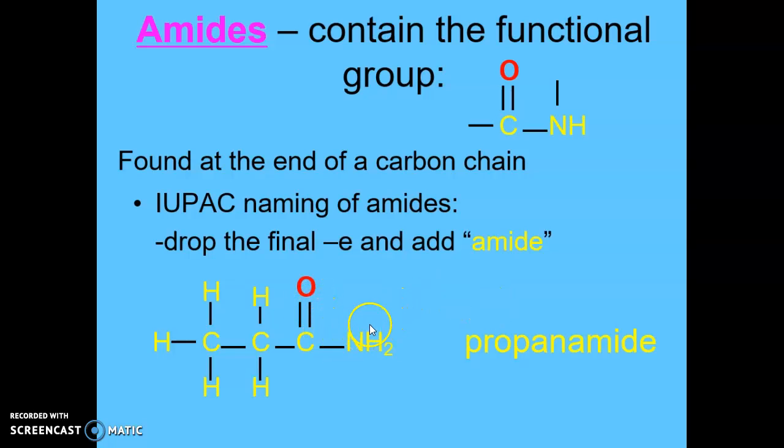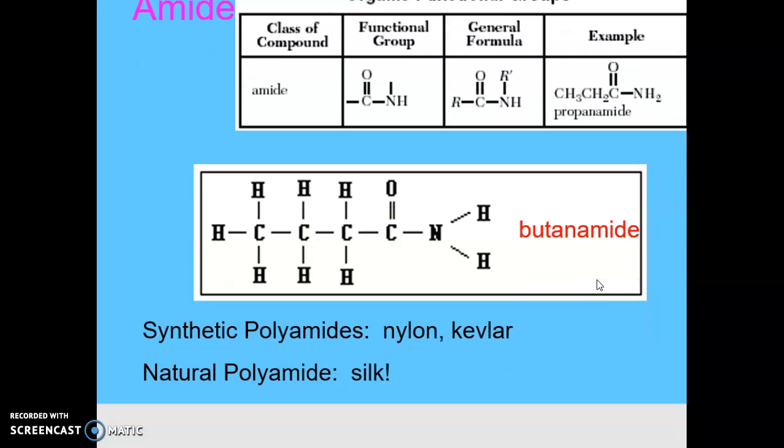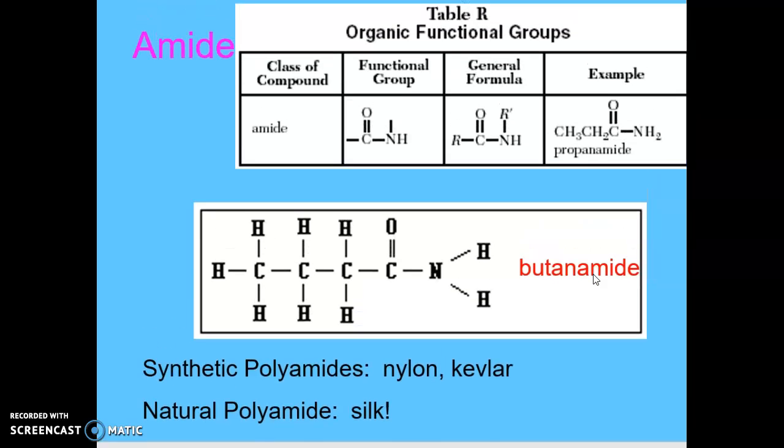When you change the OH of the acid by a nitrogen group, then we are in front of amides, and the names of them are propanamide, butanamide, and so on.